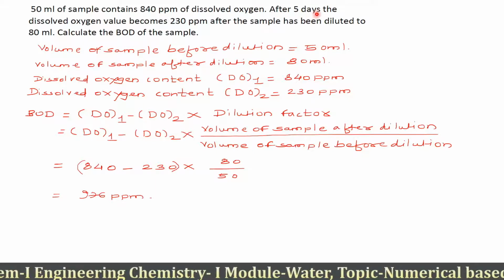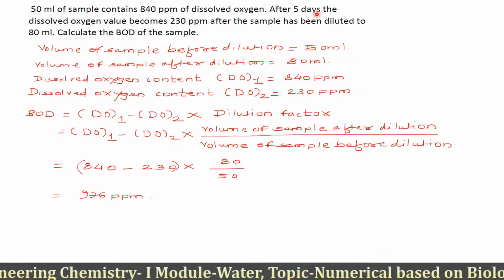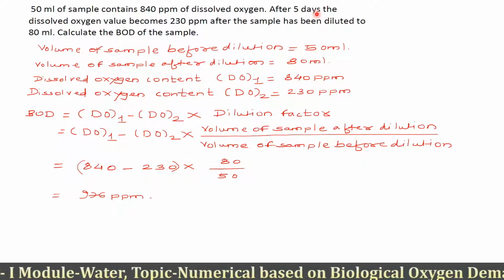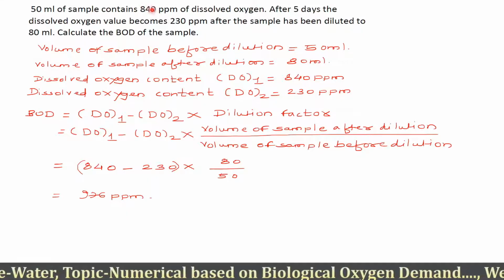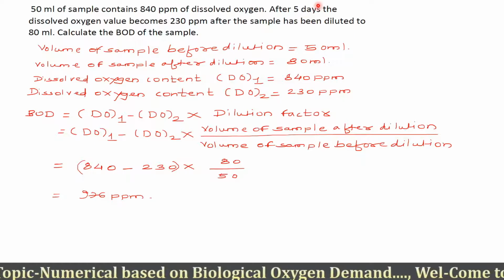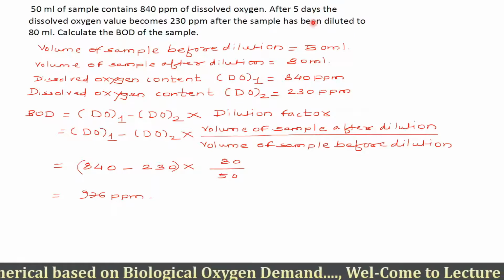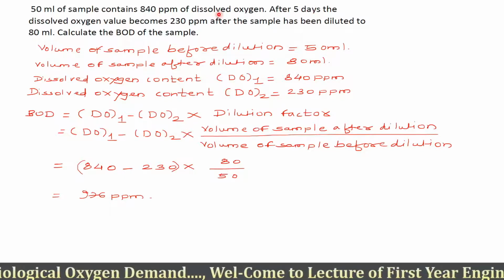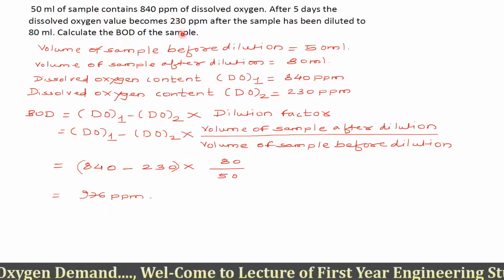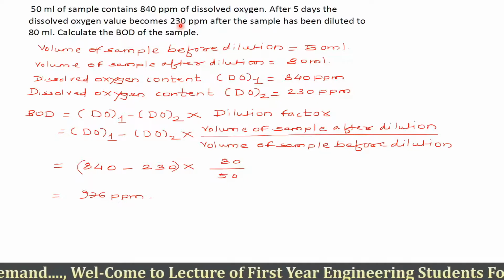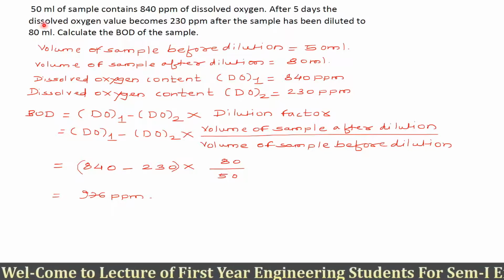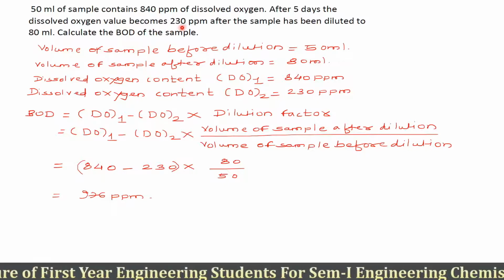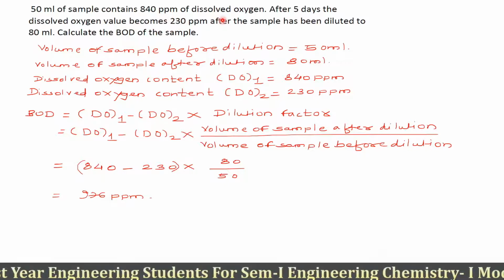After 5 days, the incubation period required, the water sample is kept in a BOD incubator, and after 5 days the BOD bottle is removed from the incubator, and if we measure the dissolved oxygen, it is observed to be 230 parts per million.